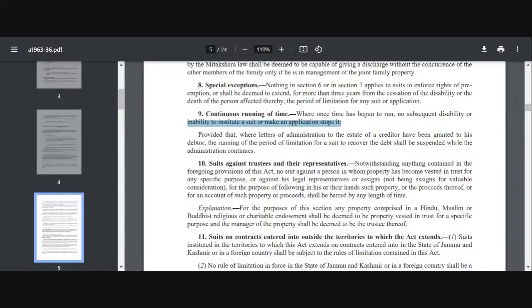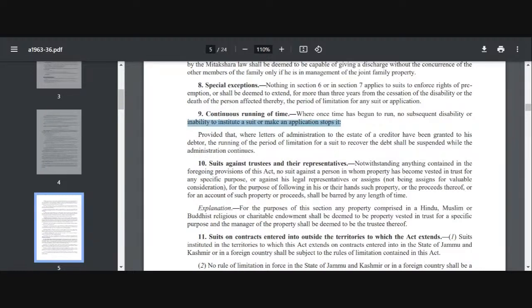So no further disability or inability to sue occurring subsequently will stop it from running if once time has started to run. Please remember section 9 also, it is continuous running of time. But there are exceptions. What is the exception? Letter of administration. If letter of administration of the creditor of the estate has been granted to the debtor of the estate, then the running of period of limitation for a suit to recover that debt will be suspended.